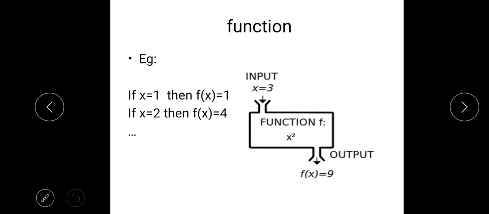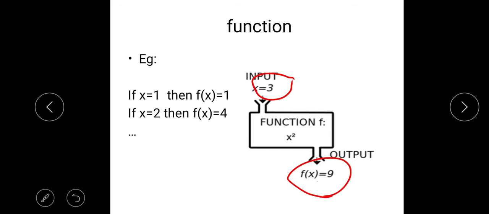So in this case, suppose we are inputting a number x is equal to 3 into this machine. And we are getting the output as the value 9. So some process had taken place inside this machine. That is actually the square of the input number.